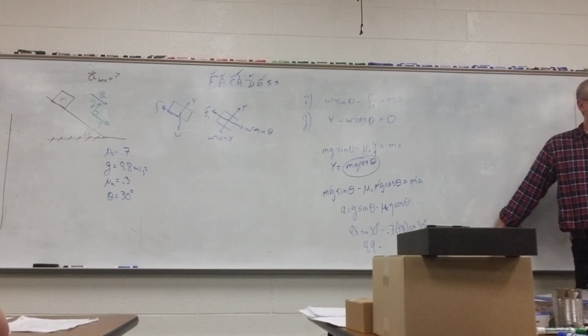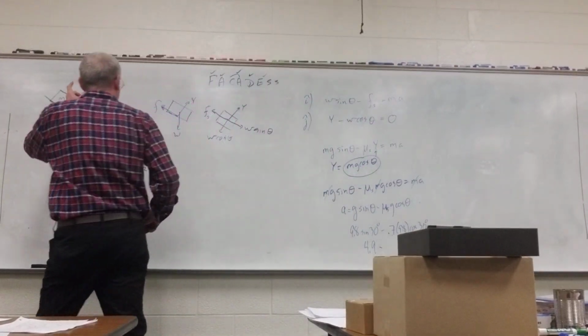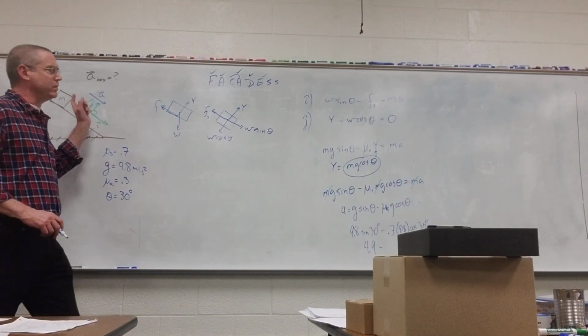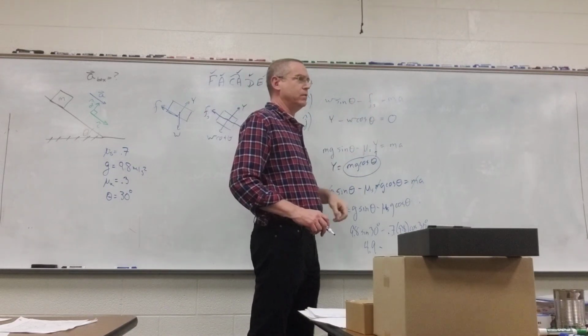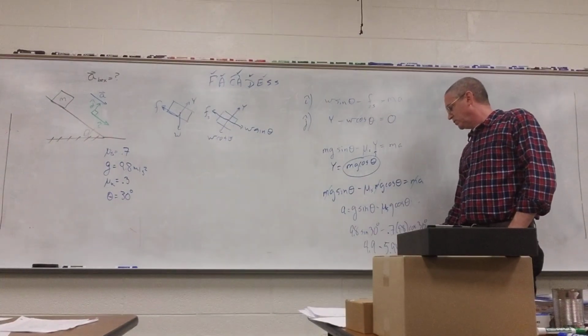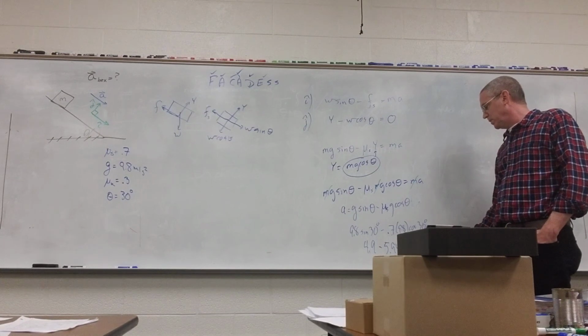Why don't we change that to 0.7? Because we don't know if it's sliding or not, so first we have to establish, is it sliding? So I have a mu sub s of 0.7 here, and we assume we're at the maximum static friction to see if we overcome it. 5.94. So we get negative 1.04 meters per second squared.